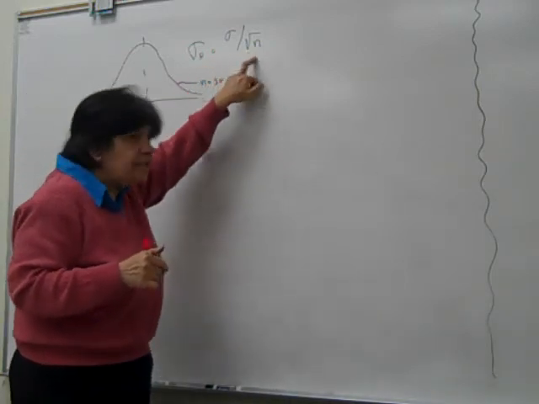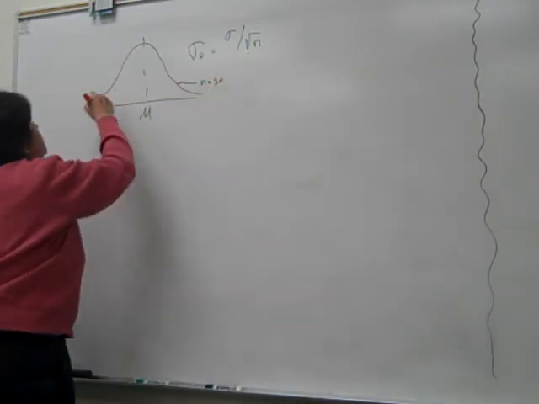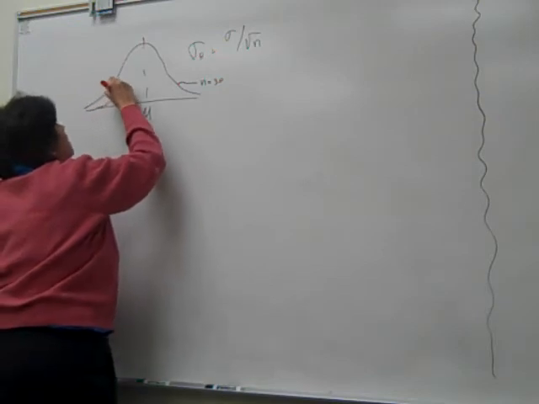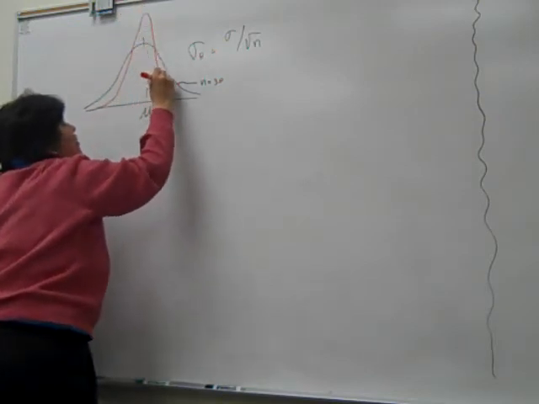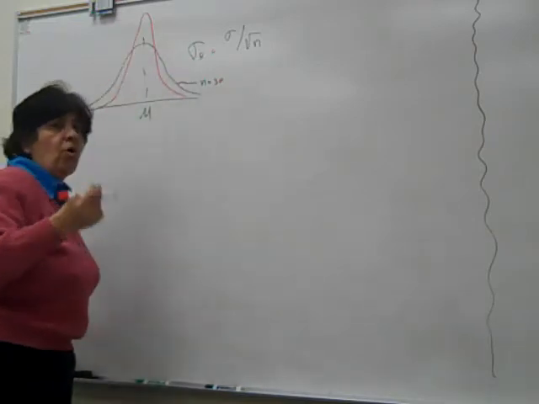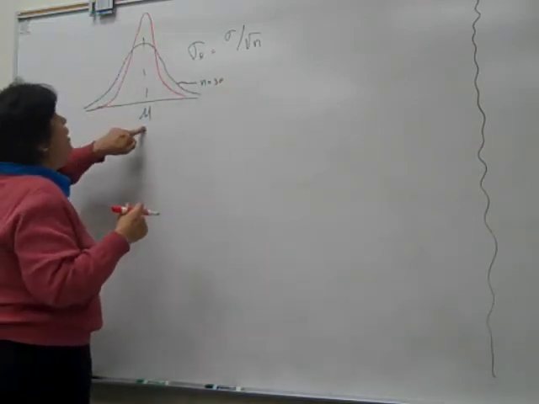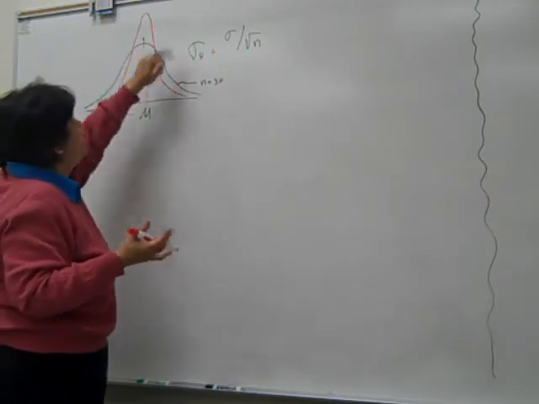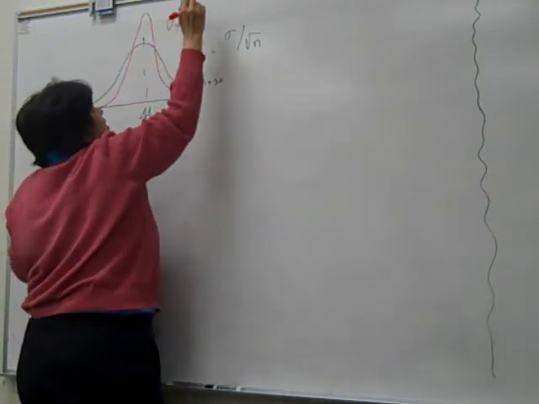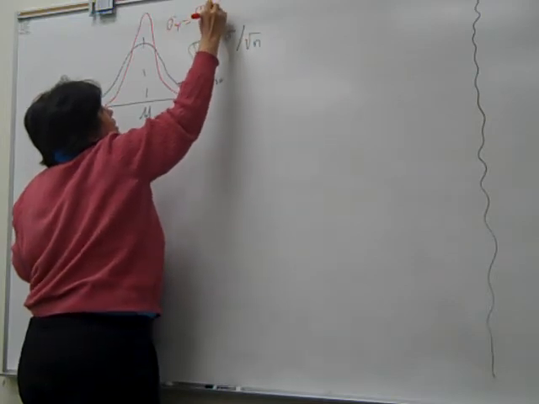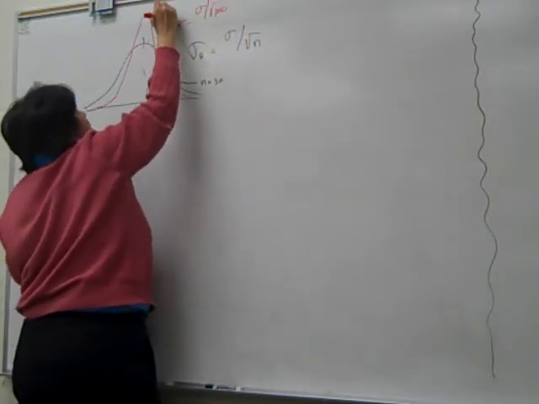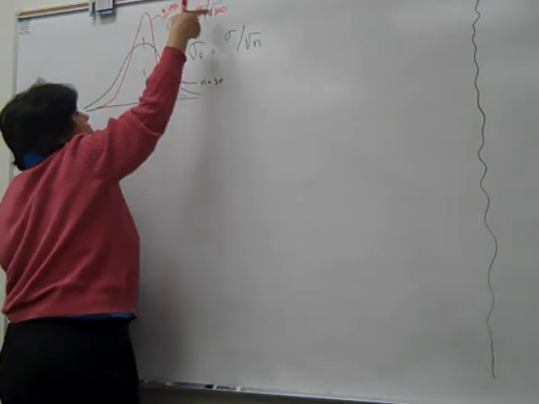So if I increase my sample size, I'm going to get something like this: a taller but thinner normal distribution where the mean is also equal to mu, and the standard deviation is going to be sigma, but instead of the square root of 30, it's going to be the square root of, let's say, n equal to 100.